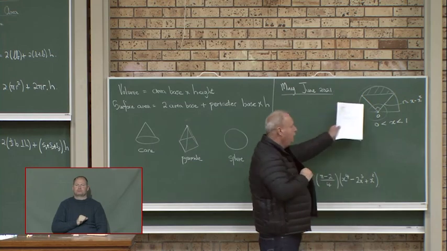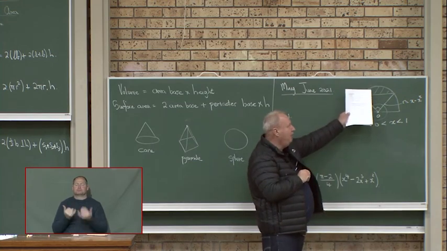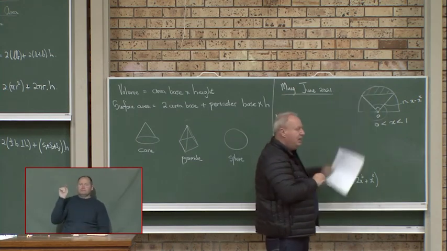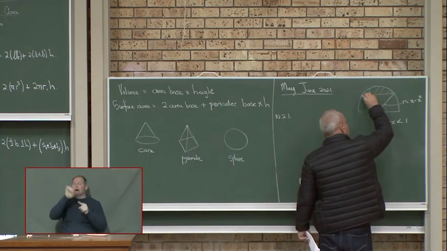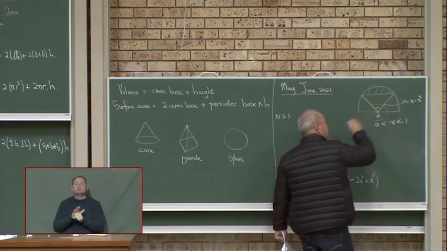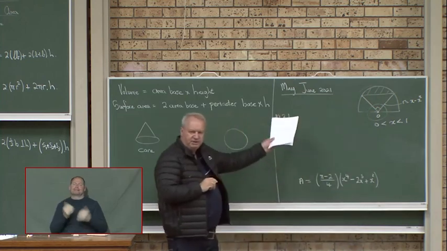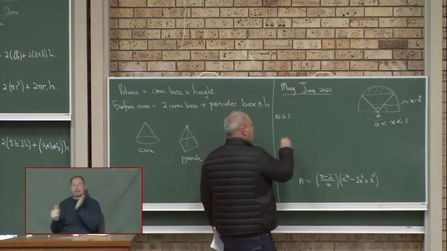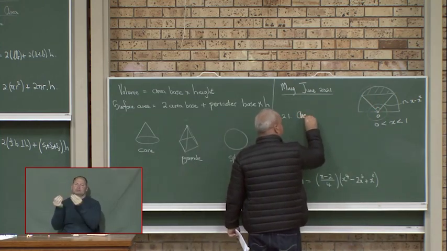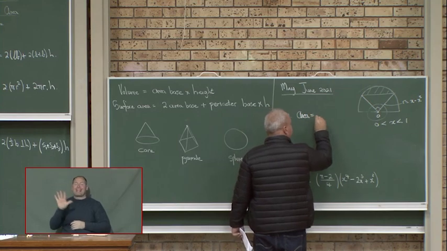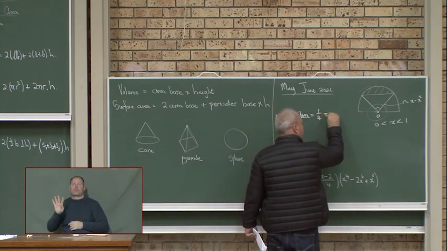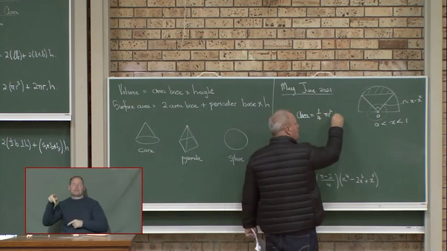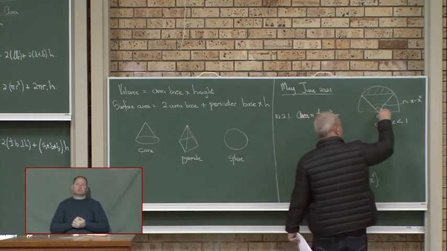So how do we work out the area of this segment here? It is a quarter of a full circle minus the area of a triangle, correct? That will give you the segment. So we can say the area is equal to a quarter of a circle, pi radius squared, minus the triangle.